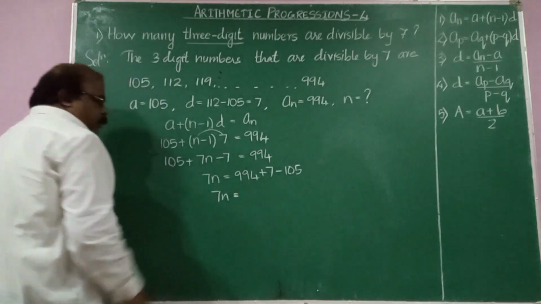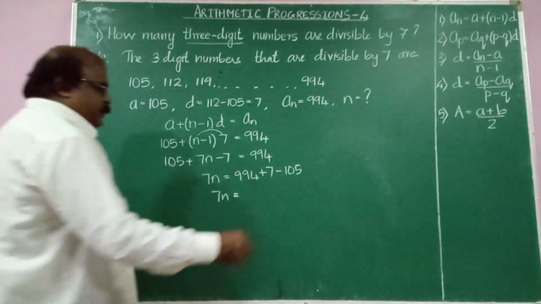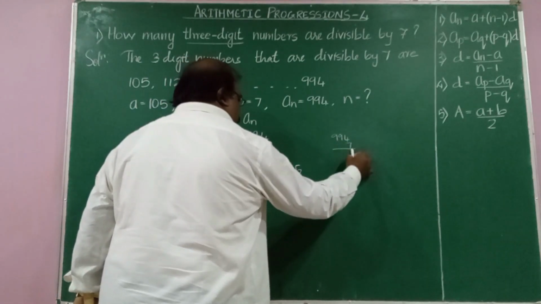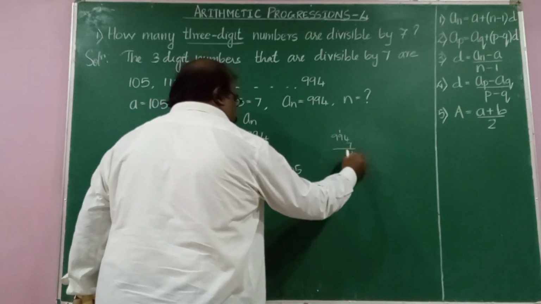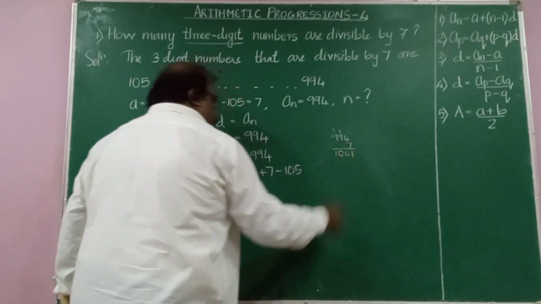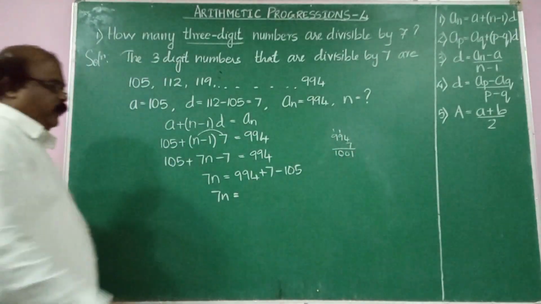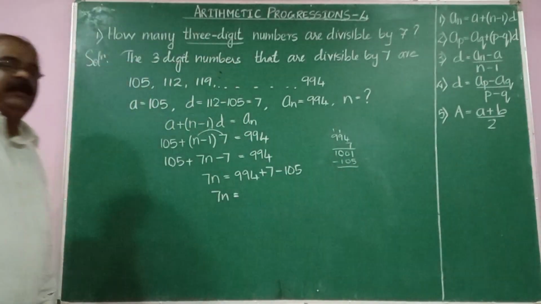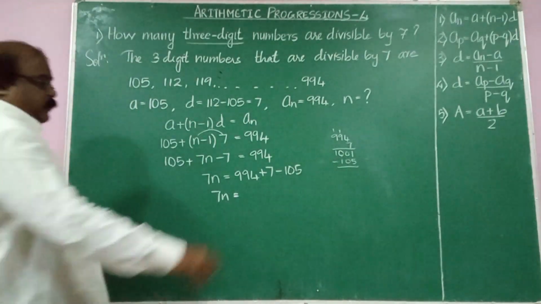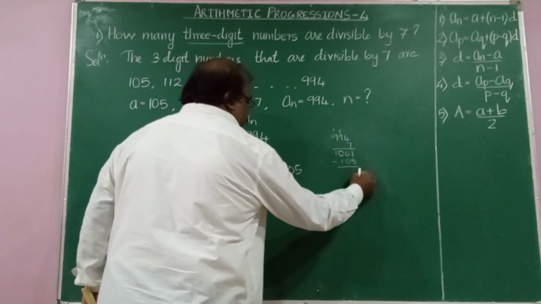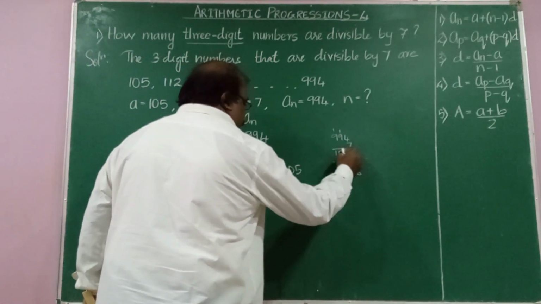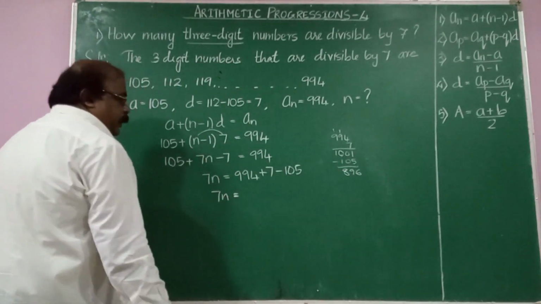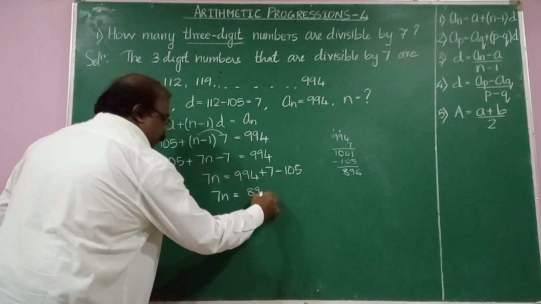So you get 994 plus 7, that is 1001. From 1001 I subtract 105. So I get 896.